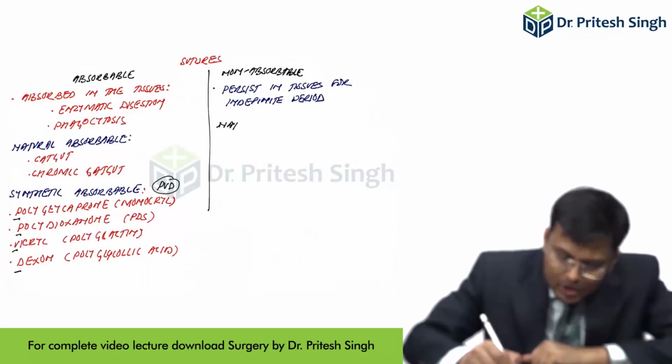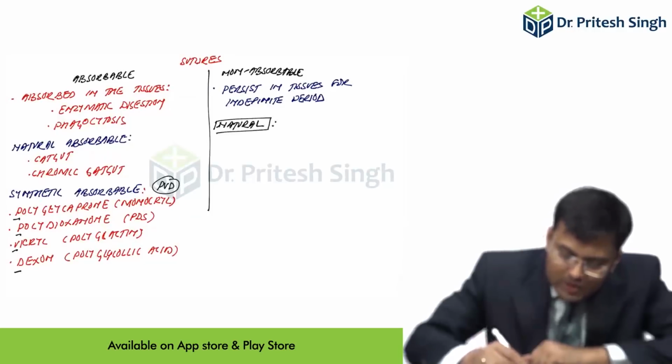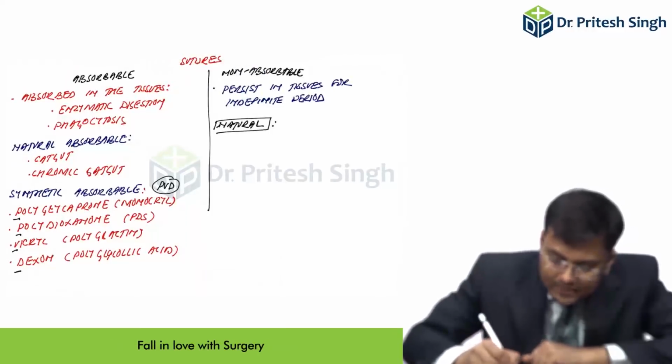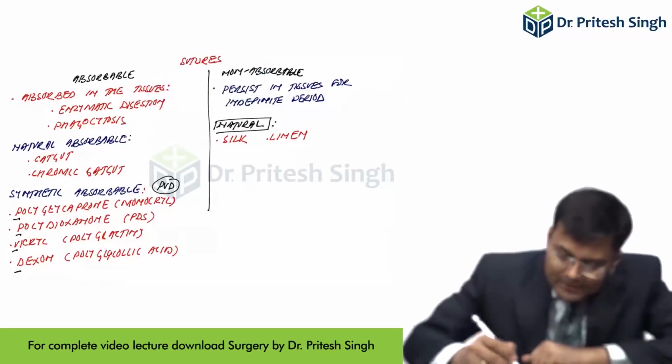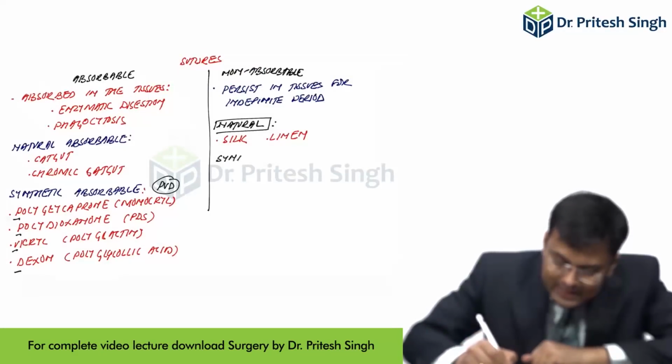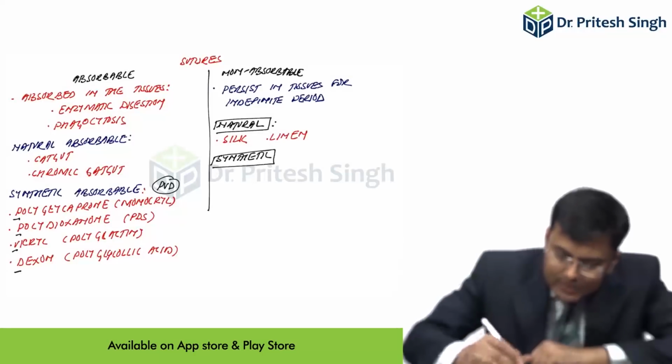Now see natural non-absorbable sutures. The natural non-absorbable sutures are silk and linen. After that, what are the synthetic non-absorbable sutures?